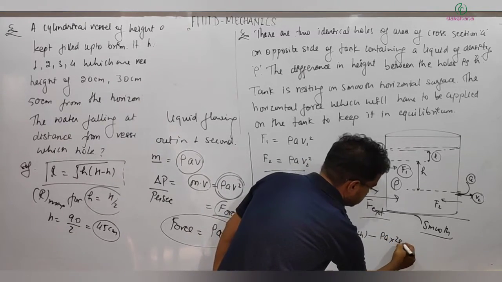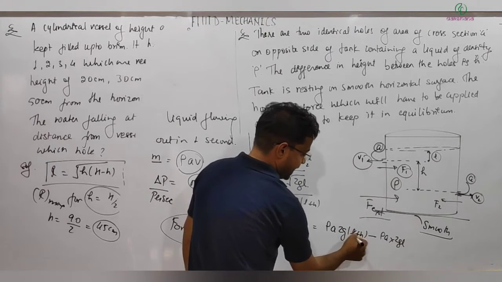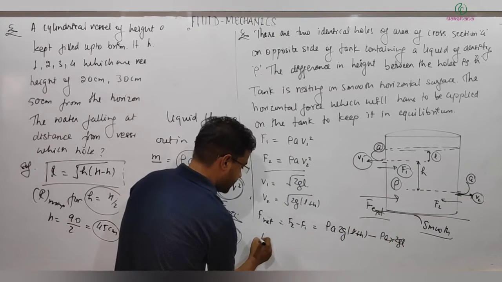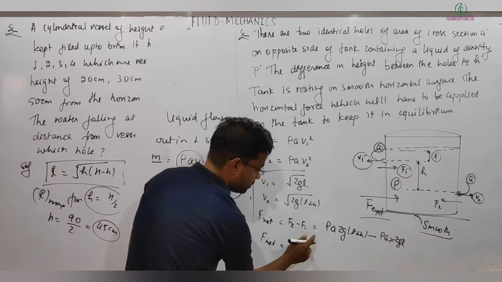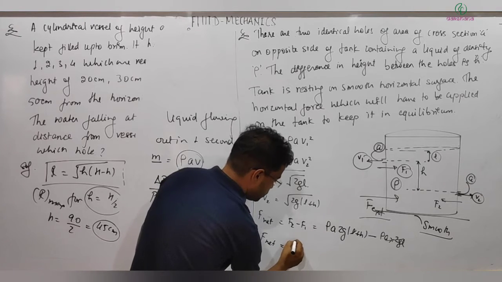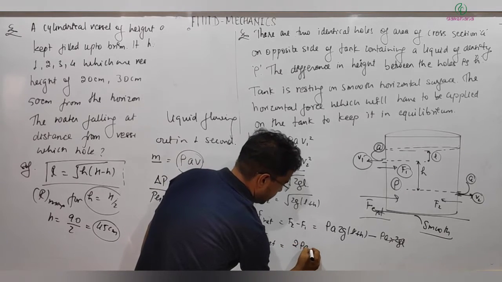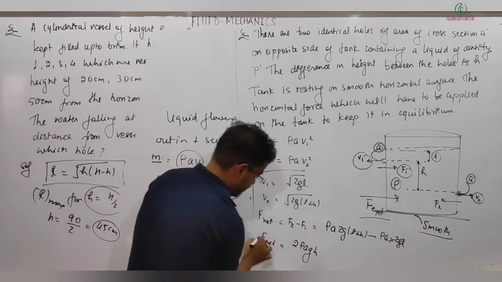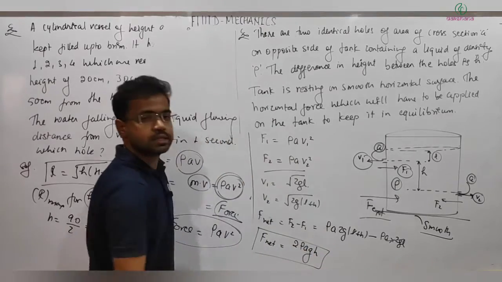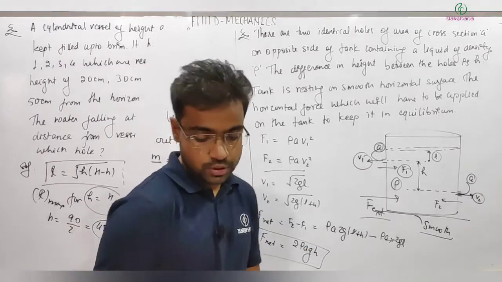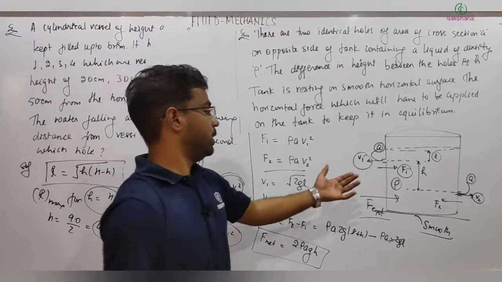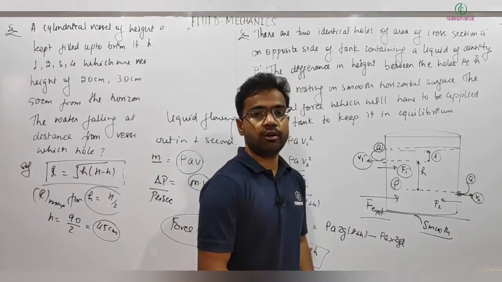So L gets cancelled, and we get F net equal to 2 rho a g into h, and this is the answer. This is the amount of force you need to apply to keep this tank in equilibrium.